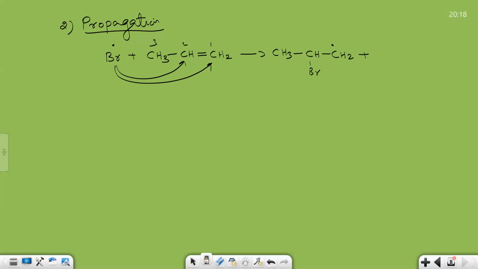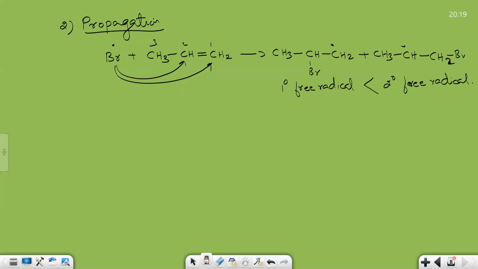If the bromine free radical attacks on the first carbon, the intermediate formed will be CH3, CH free radical, CH2Br. Here you can see that the first is a primary free radical, and the second intermediate is a secondary free radical. Stability wise, the secondary free radical is more stable than the primary free radical.